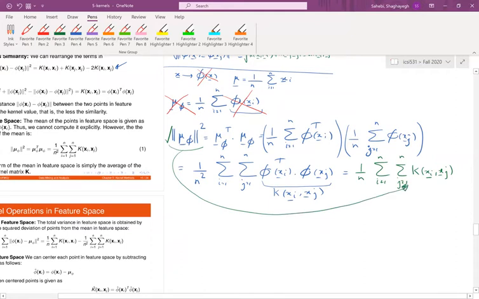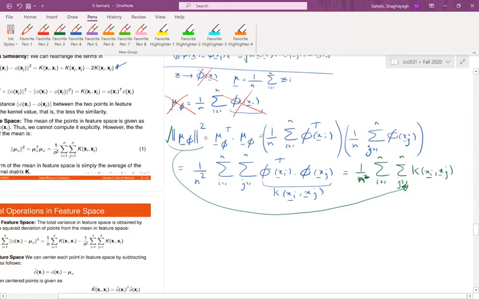What is it? Let's look at it. We are going over all the i and all the j, and we are summing over the kernel values between all xi's and all xj's. So if I'm looking at my kernel matrix, it's as if I'm going over every element in the kernel matrix and summing over that. And then I'm dividing that by n squared, right?